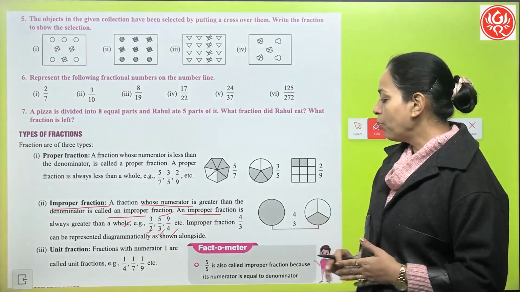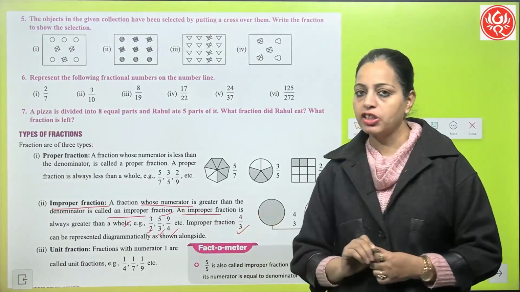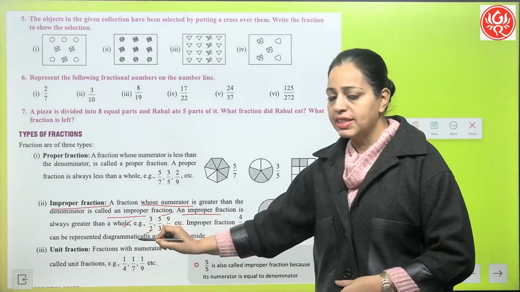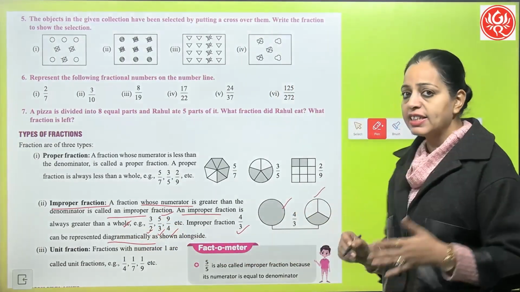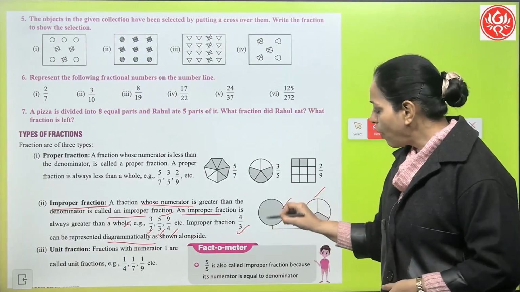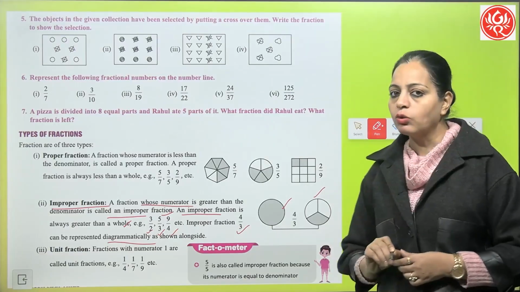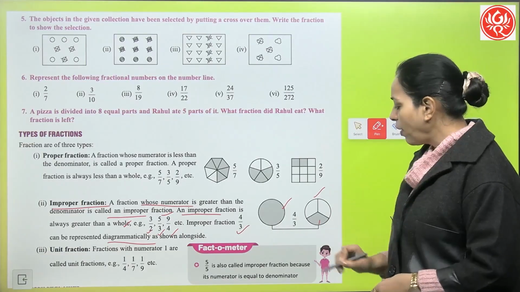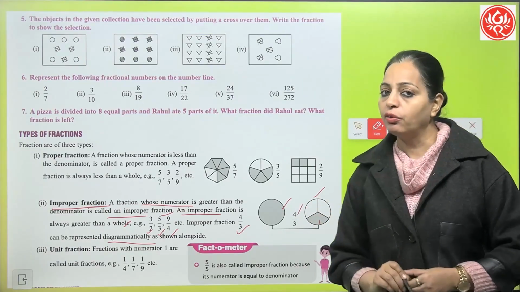These are improper fractions. See, 4 by 3 is an improper fraction; it can be represented diagrammatically as shown alongside. How can we show this? 1 complete and then total 3 parts out of 3. Here 1 is shaded. So this becomes 4 by 3.